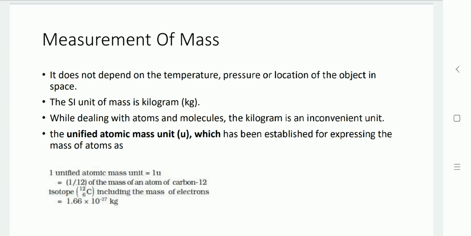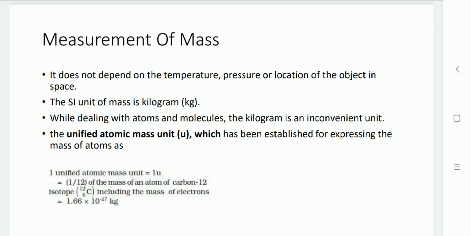But while we want to measure the mass of atoms and molecules, we cannot use the kilogram directly. So for that, we use another smaller unit, the unified atomic mass unit, symbolized as a small u.